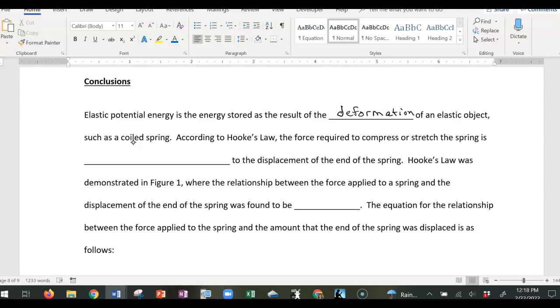According to Hooke's law, the force required to either compress or stretch a spring is proportional to the displacement of the end of the spring. And this was demonstrated in Figure 1, where the relationship between the force applied to the spring and the displacement of the end of the spring was found to be linear.